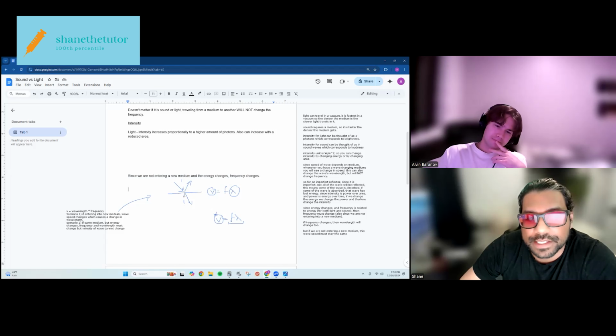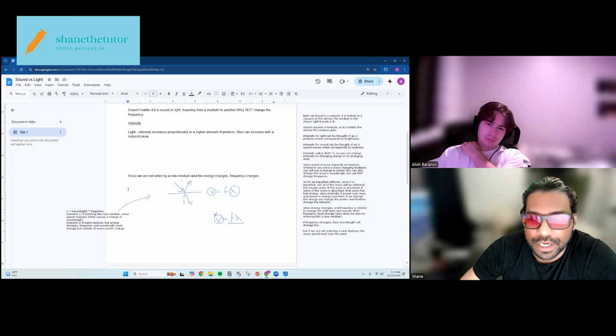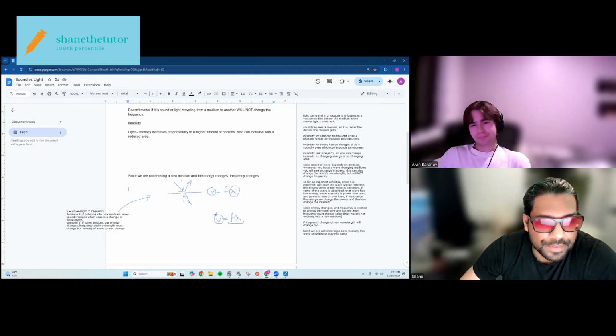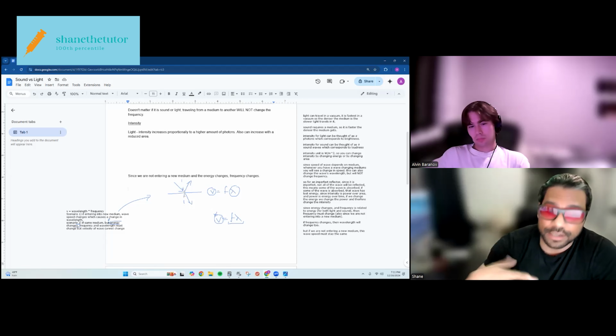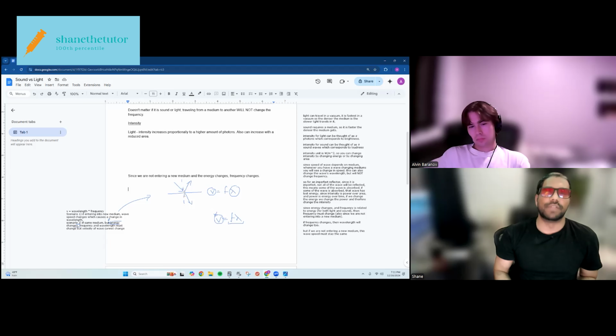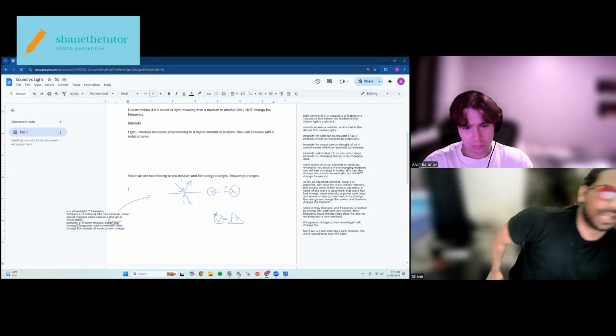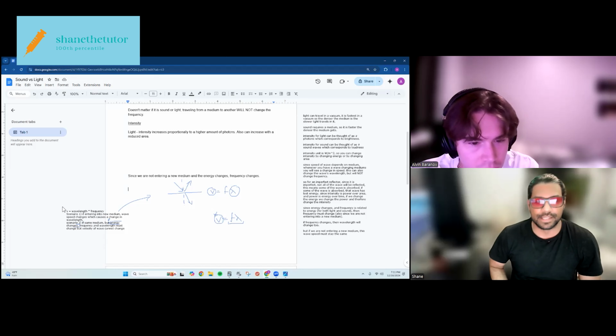But this part, I should have written: if energy changes, then you would have a change in frequency and wavelength, but not your velocity. That's the key thing here.